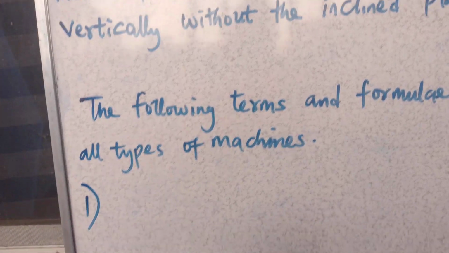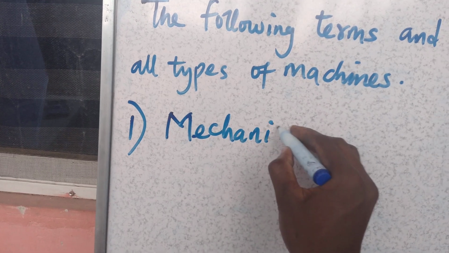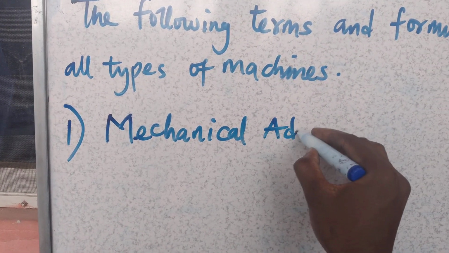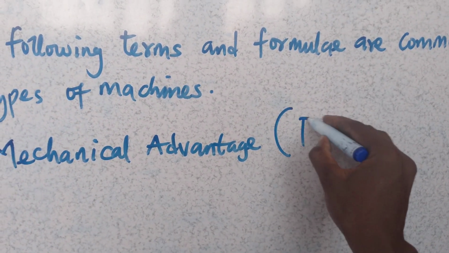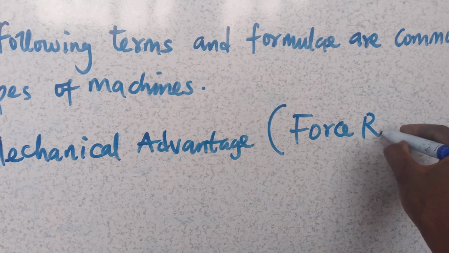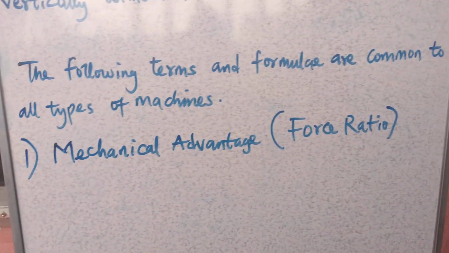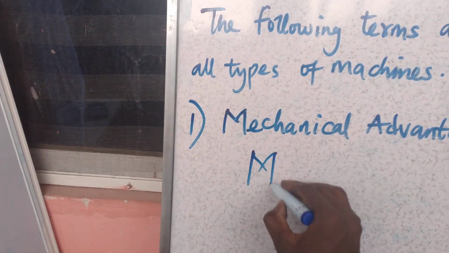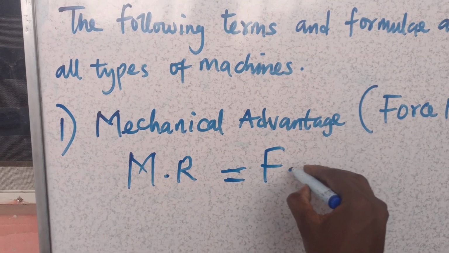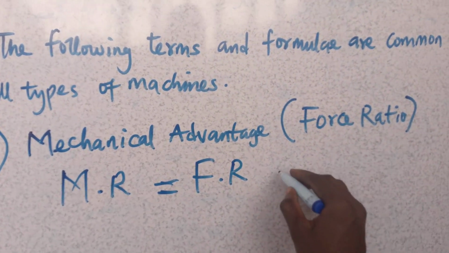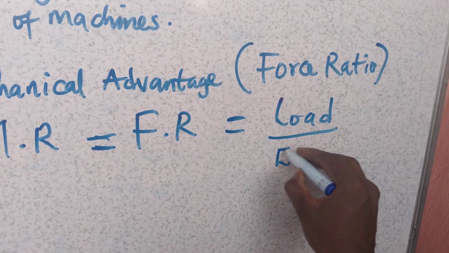The first one is the mechanical advantage. Mechanical advantage is also known as force ratio. That is MA, the same thing as FR, and it is equal to load over effort.